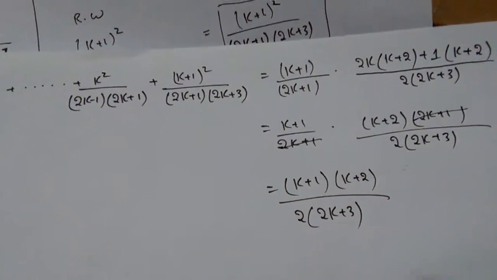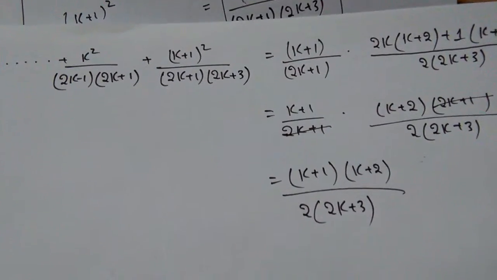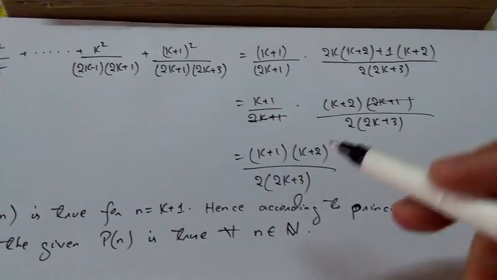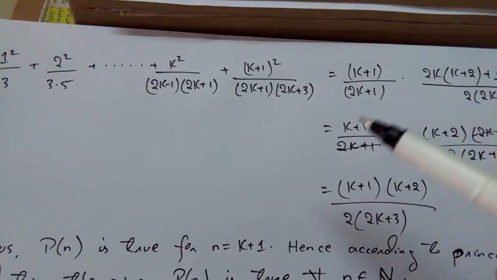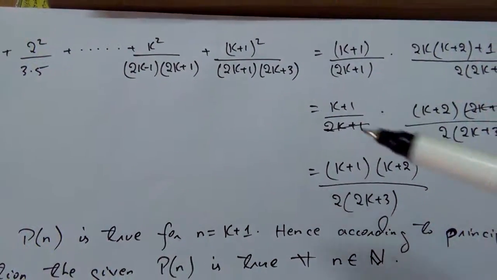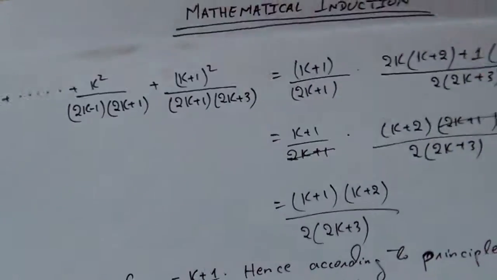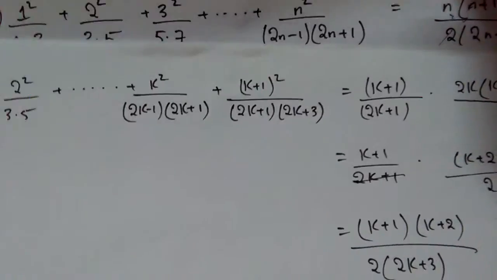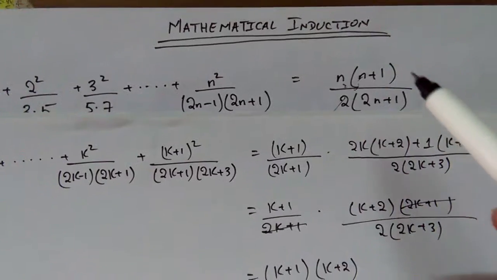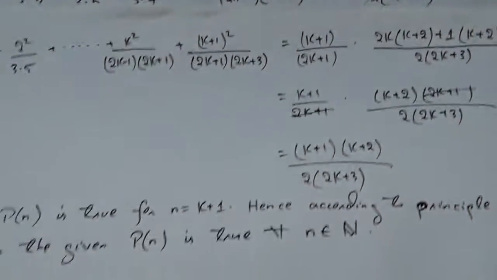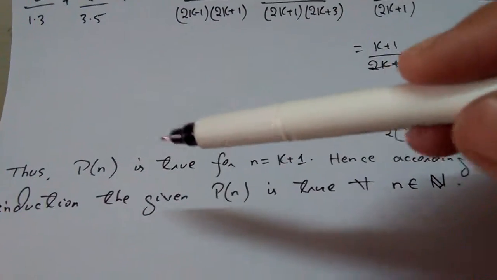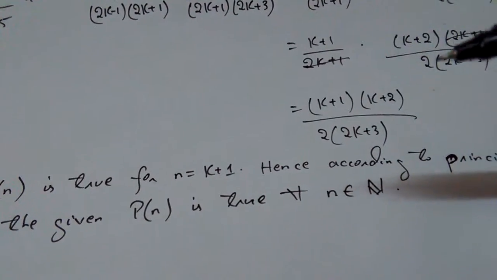So what statement do I have to write here? Let me write it first. As the principle of mathematical induction is satisfied, it is now proven that this series summation gives you an answer exactly equal to this general form. Thus P of n is true for n equals k plus 1.